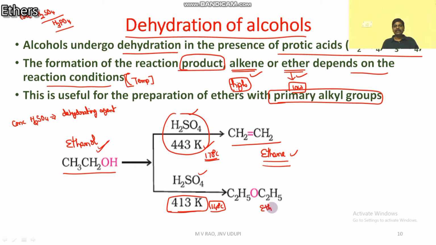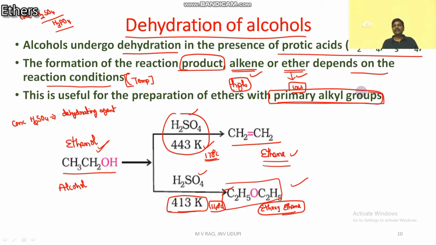What is the IUPAC name of this ether? Ethoxyethane, or diethyl ether. So this is one method of preparation of ethers from alcohols. Alcohol on dehydration gives ether.